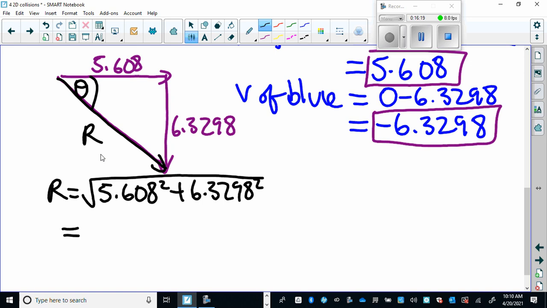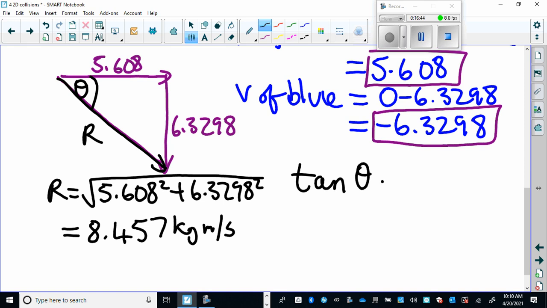I don't have the answer, so I'm going to actually have to calculate that myself. Oh, there it is. It's going to be 8.457 kilogram meters per second. And then I'm going to use the inverse tangent.